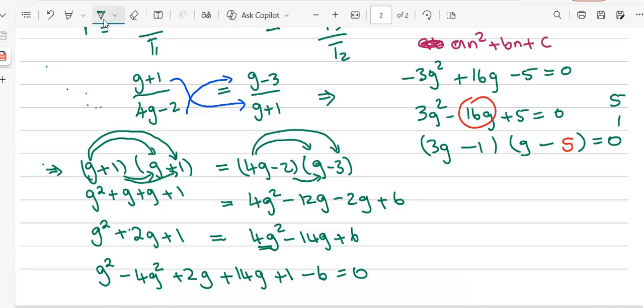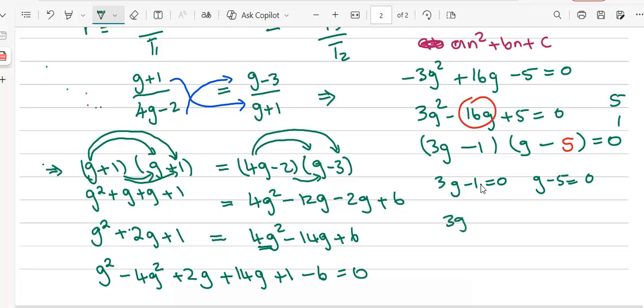So let's take the 3g minus 1 equated to 0, the g minus 5 equated to 0.